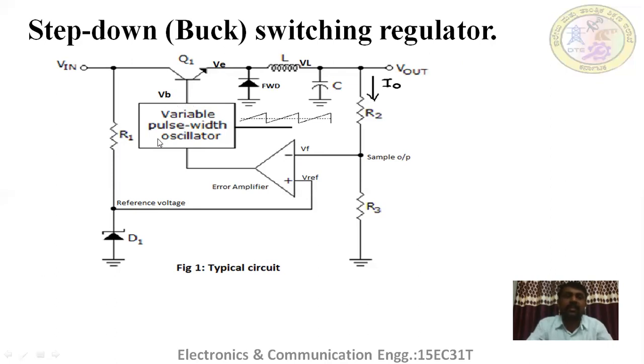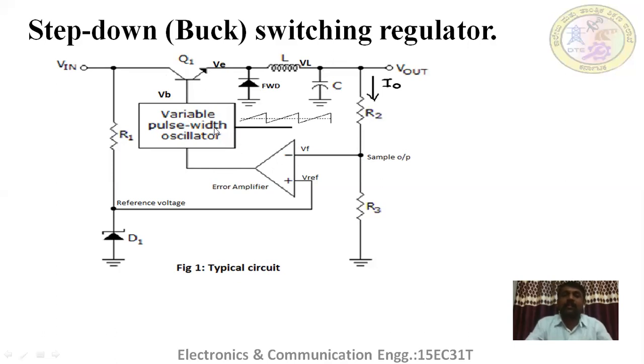This oscillator generates the required control signal of variable duty cycle, proportional to changes at the output side, to control the switching action. So if the output voltage tries to change, the variable pulse width oscillator adjusts the control signal, that is the on period of the control signal, to control the switching duration. This happens in a fraction of a second.